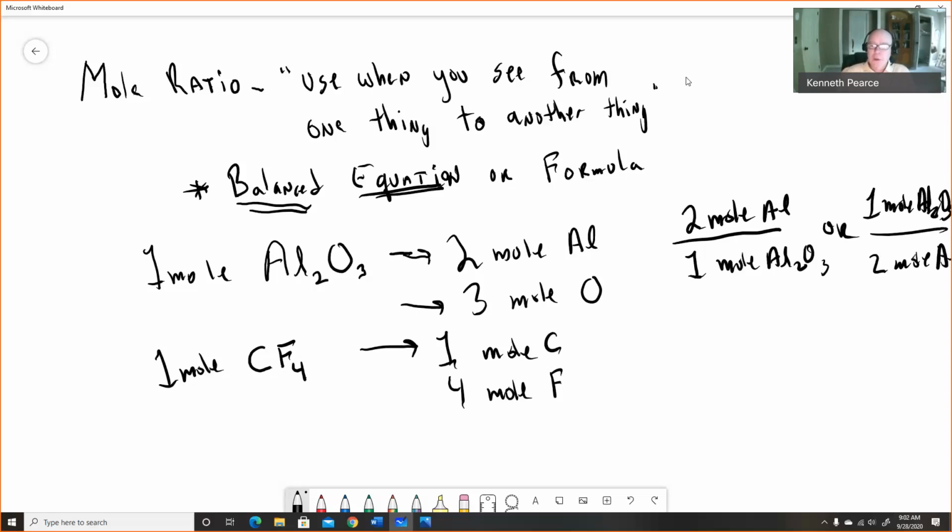Because we're going to be canceling units, the units in this case being the moles. And down here with the carbon tetrafluoride, we can say for every 1 mole carbon tetrafluoride, you have 4 mole of fluorine atoms, and so forth. And we can write these down as conversion factors.